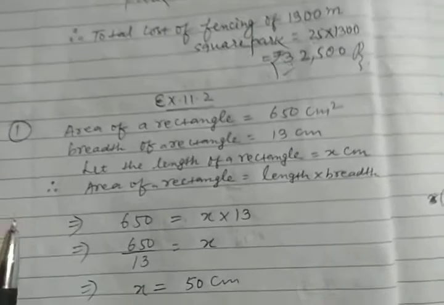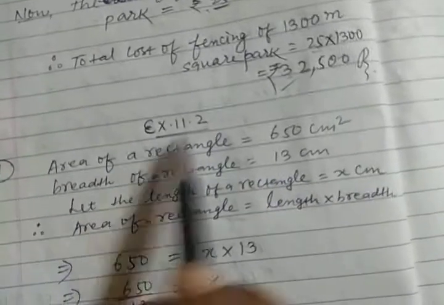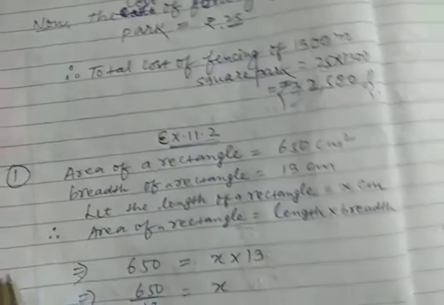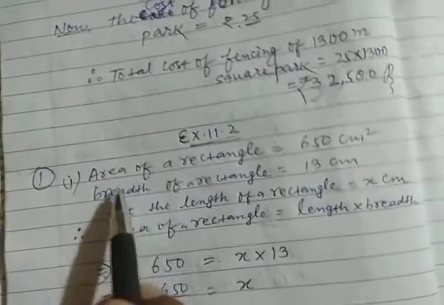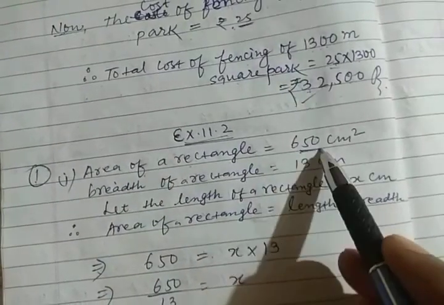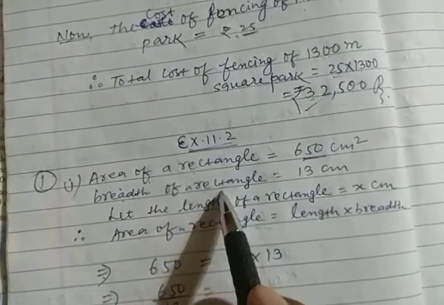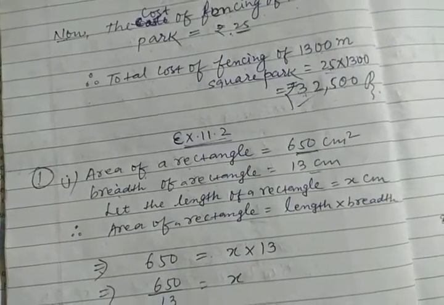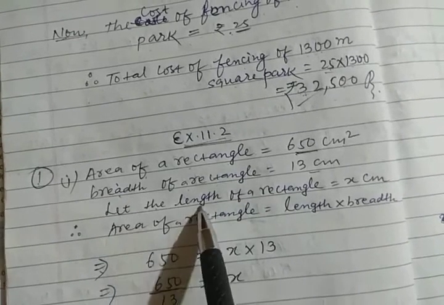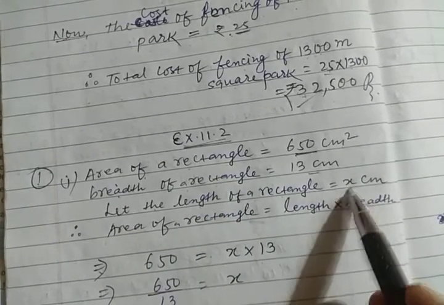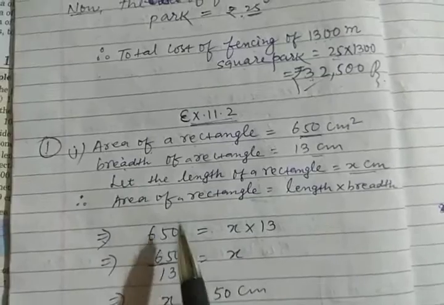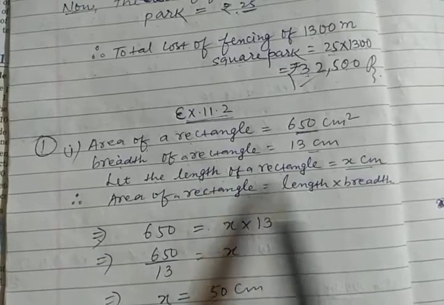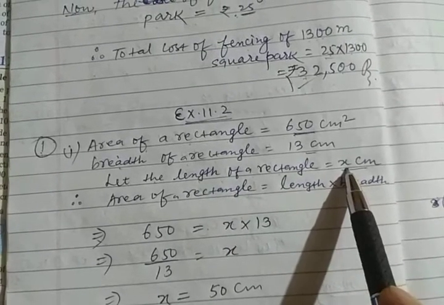So guys, please see here, I have solved exercise 11.2, question number 1. Area of rectangle is equal to 650 centimeter square. Breadth of rectangle is equal to 13 centimeter. Now let the length of the rectangle be x centimeter.